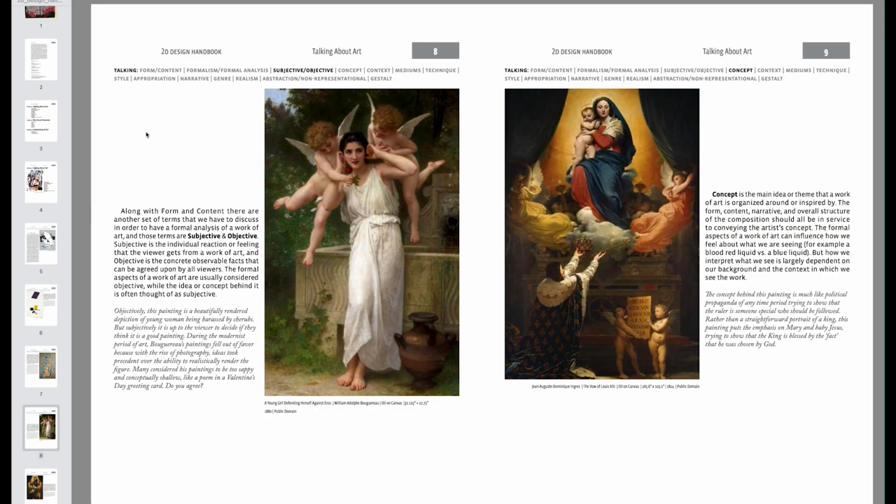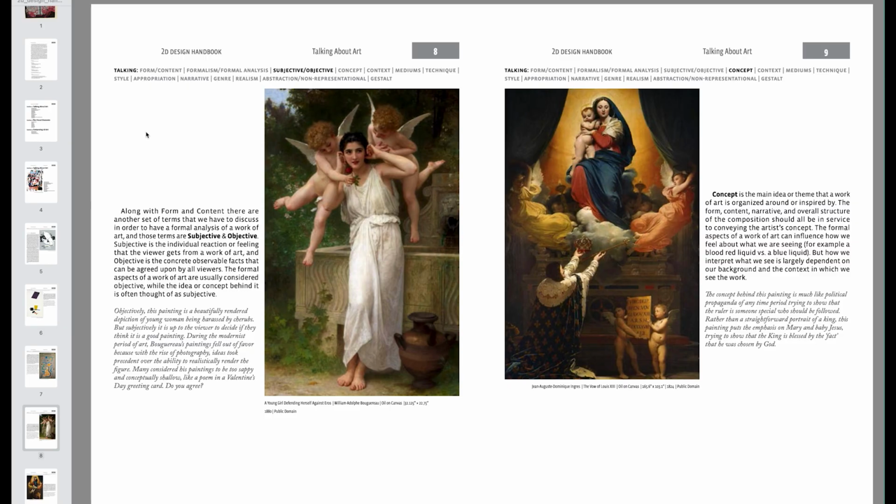The concept behind this painting by Ingres is much like a political propaganda of any time period, trying to show that the ruler is someone special who should be followed, typically a lie.